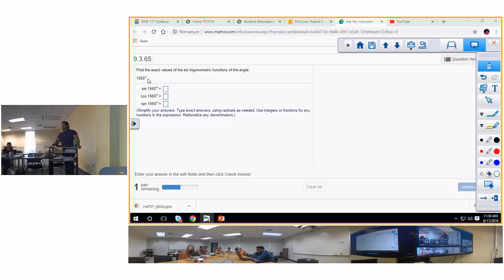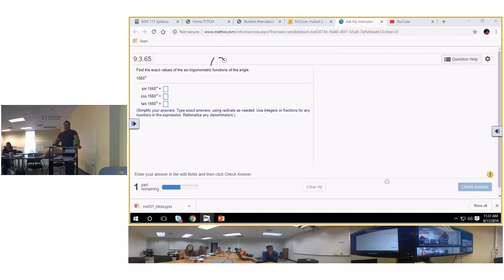Take 1560, divide by 360. What do you get? 4. Multiply 360 by 4. 1440. Subtract that from 1560. How much? 120. So everybody write down 120 degrees. So that's your 60-degree angle.